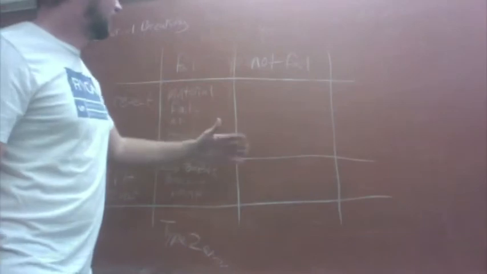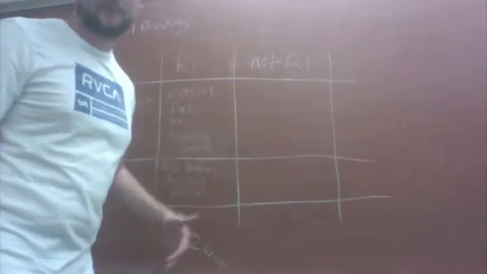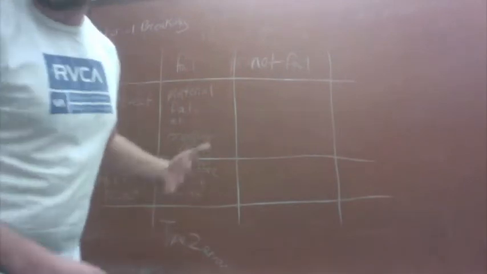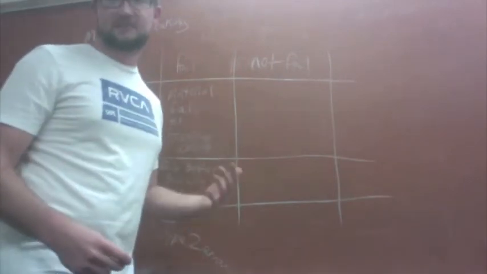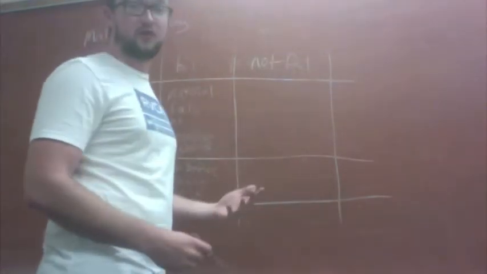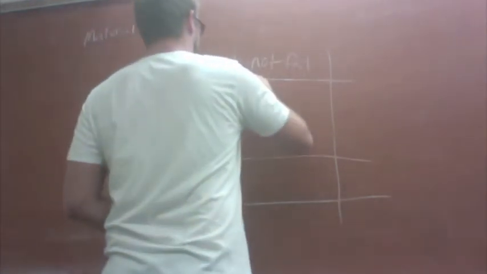On the other side, we're going to say for our H0, if we're just rejecting it for our null, it's going to be the material does not fail at its breaking point. So this is actually a better thing, that the material is stronger than what it's rated at.